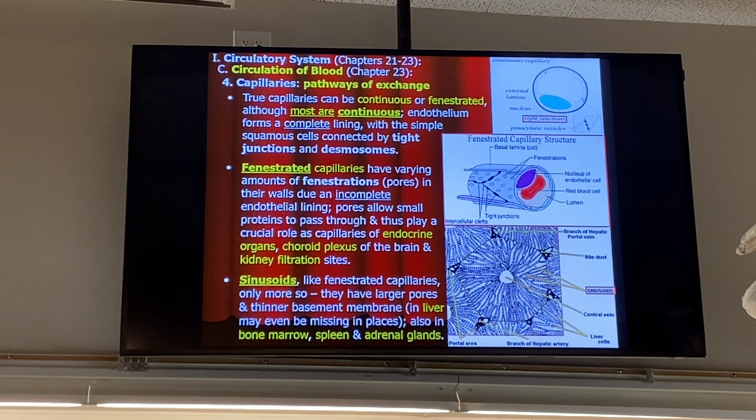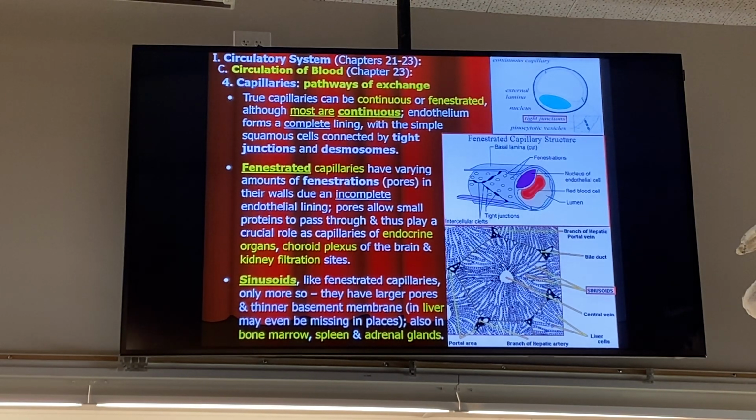Tuesday lab, you remember the hepatic portal vein? Two capillary beds. It's a capillary bed in the stomach, and then it goes through the left gastric vein into the hepatic portal vein, and then it goes through a second capillary bed in the liver. Does this ring a bell?